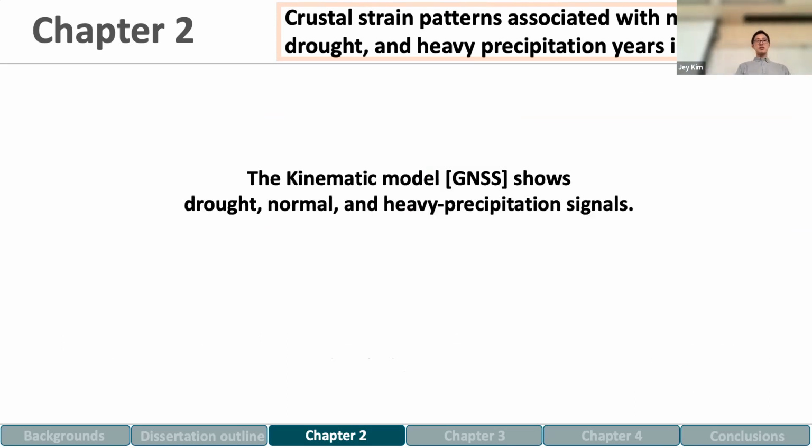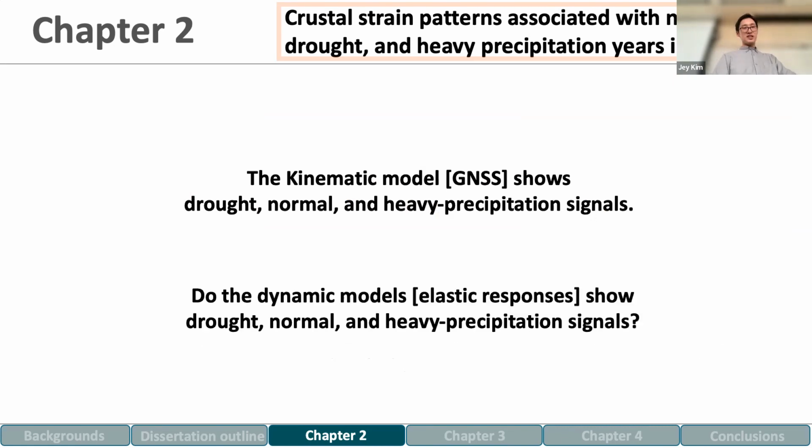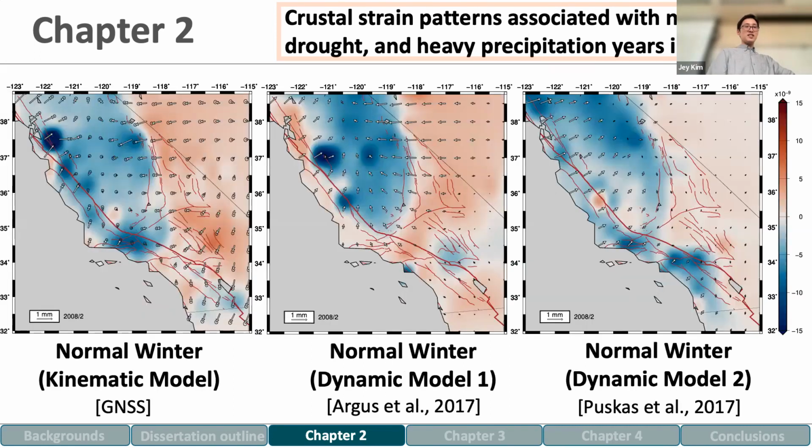So I showed you the kinematic model inferred from GNSS data shows drought, normal, and heavy precipitation signals. And now I'm wondering about the dynamic models. Do they also show such multi-annual variations? And my answer is yes. So this is the kinematic model and two dynamic models that I showed for the normal winter.